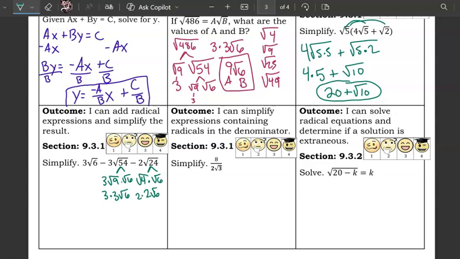And then we multiply the other 2. Alright, so if we rewrite this expression, we get 3 square root 6 minus 9 square root 6 minus 4 square root 6. So that's negative 13. We're going to have a minus 10 square root 6.